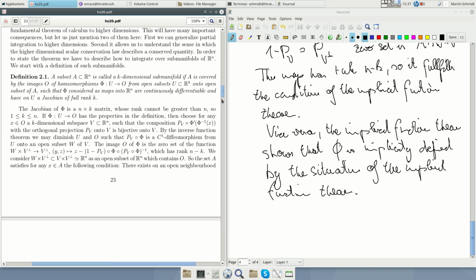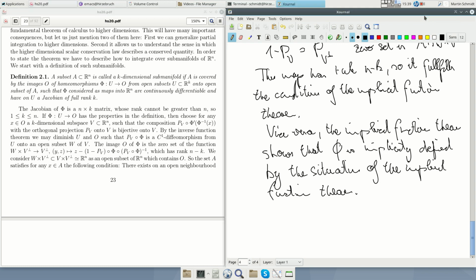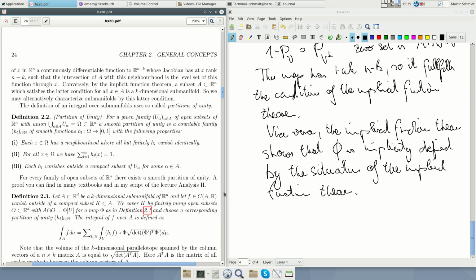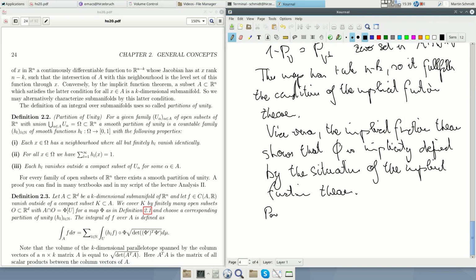Okay, so this is the first step, and now before we come to the second step, we need some other preparation. Before we can define the integral over submanifolds, we need another concept, and this other concept is the partition of unity.